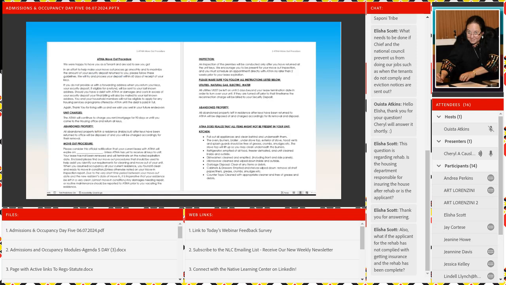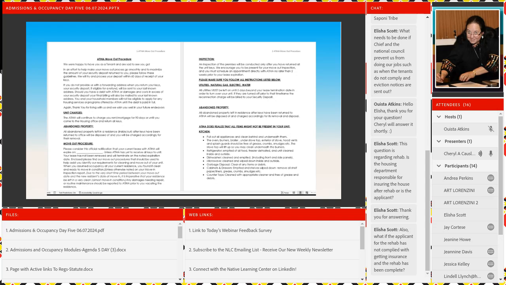In an effort to make your move out process go smoothly and to maximize the amount of your security deposit returned to you, please follow these guidelines. We're going to try to process your deposit within 60 days of the receipt of your keys. If you don't provide us with a forwarding address when you return your keys, your security deposit, if eligible for a refund, will be sent to your last known address.